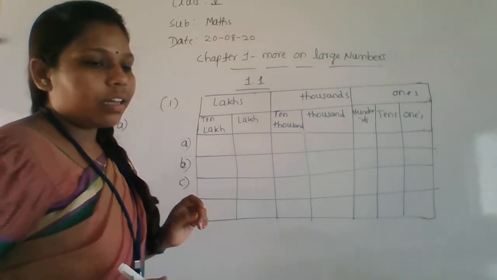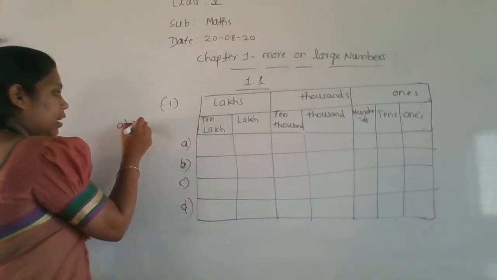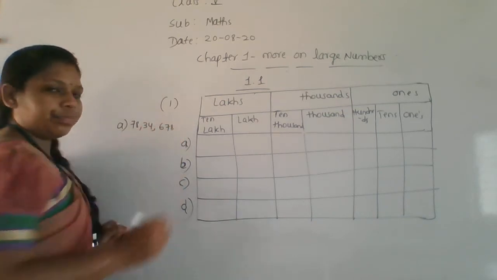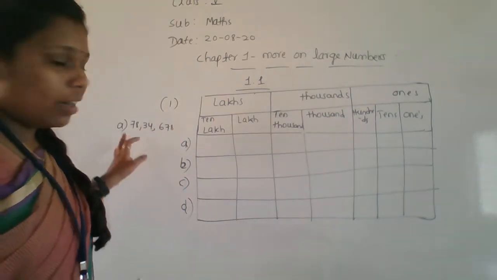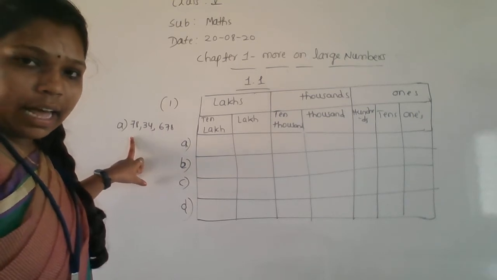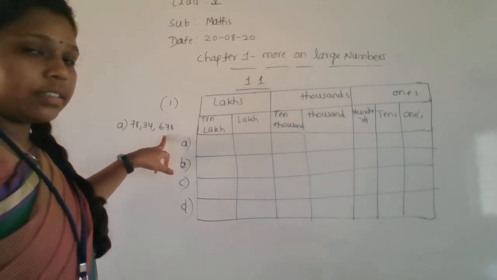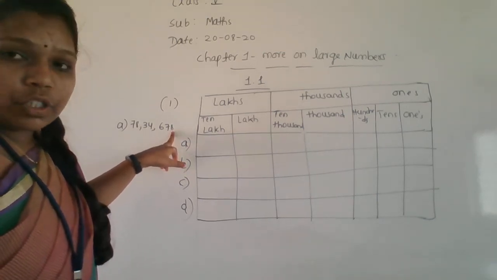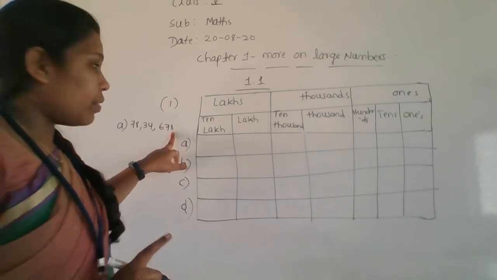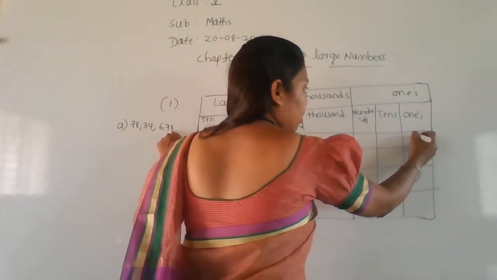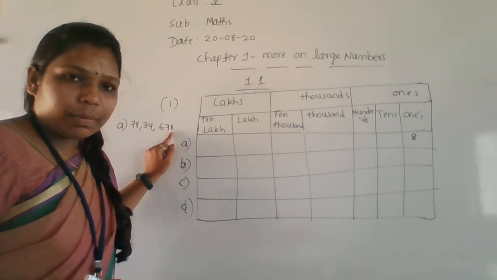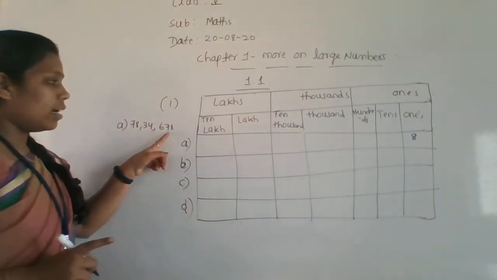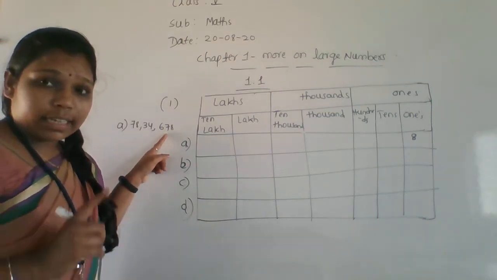What is the number they gave here? 78,34,678. In the ones place, which number is there? That is 8.